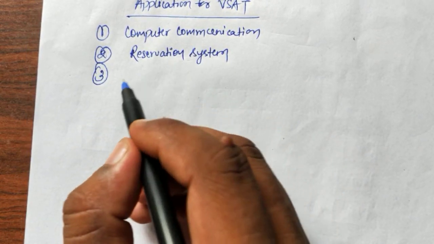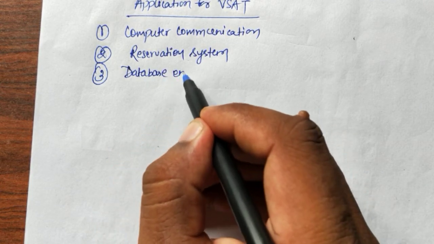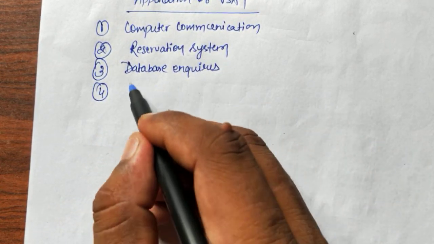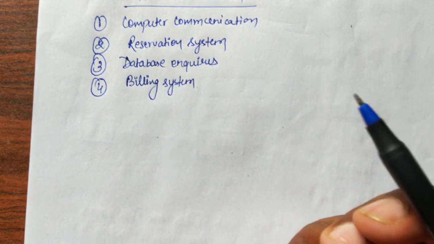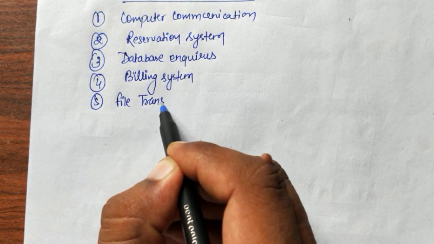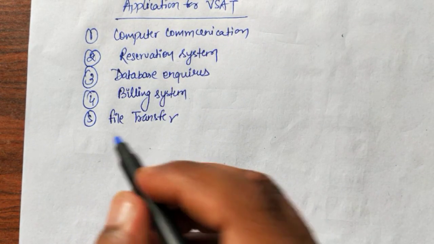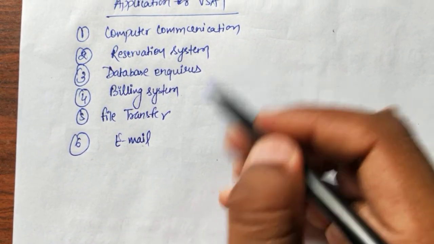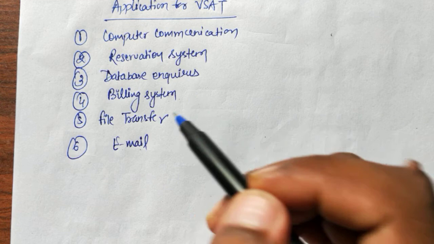The third is database inquiries. The fourth is billing system. The fifth is file transfer. The sixth is email. These are the fields where this very small aperture terminal is used.